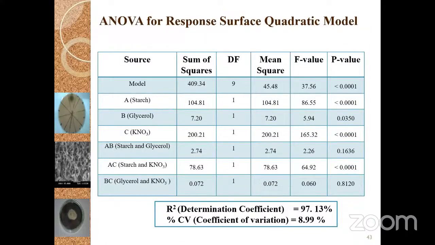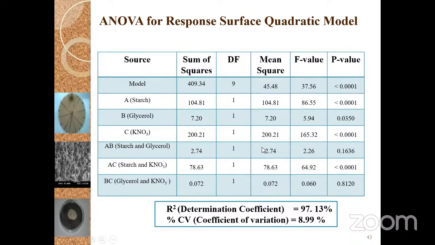Then the analysis of variance for this response surface quadratic model was carried out, and it was observed that the model showing a p-value less than 0.05 was considered significant. Then it shows the F-value.